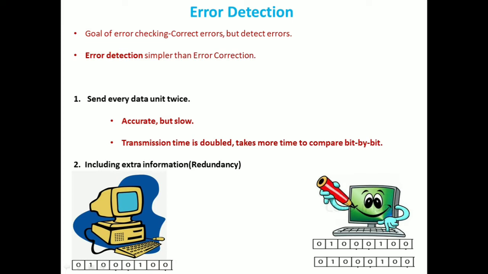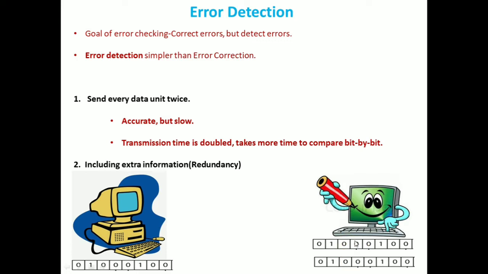One error detection mechanism is to send the data unit twice. If you see here, this is the sender, and let us assume this is the receiver. Now the sender is going to send some bits of information, that is 0 1 0 0 0 1 0 0. The sender sends every data unit twice.